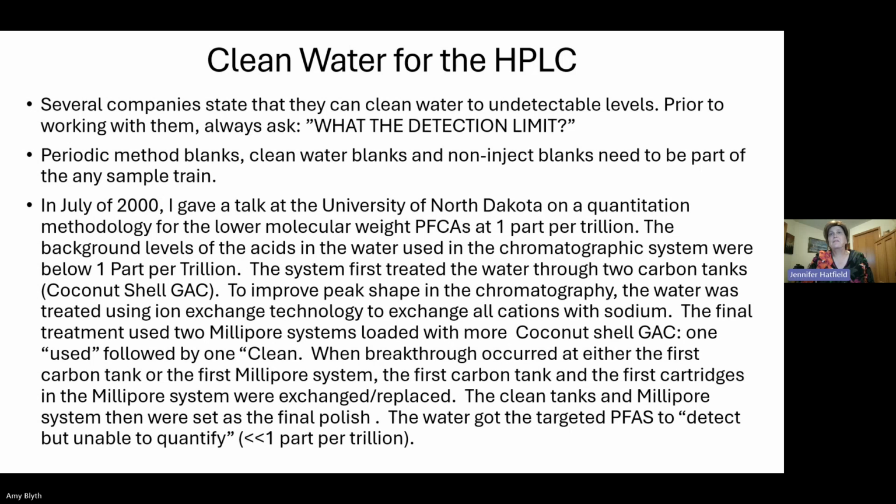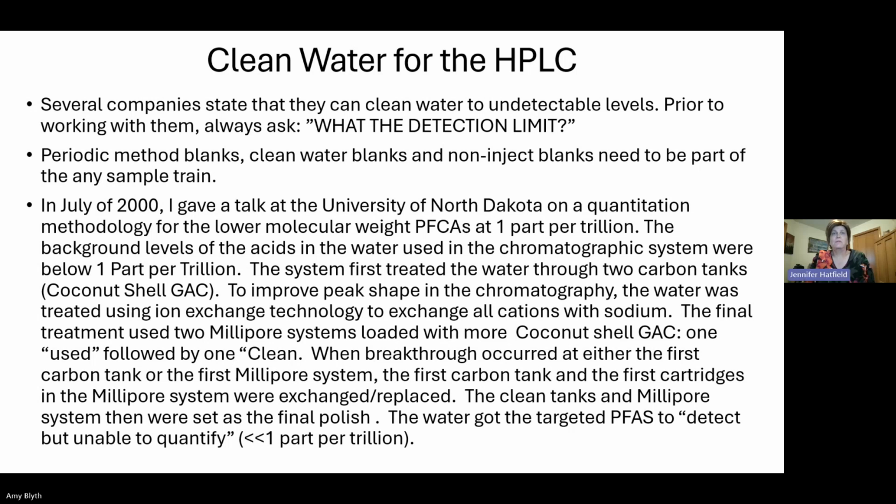So in July of 2000, I gave a talk at the University of North Dakota, at my technical director's asking, on the quantitation methodology of the lower molecular weight perfluorinated acids at 1 part per trillion. And we ended up, we could go further than that. This was kind of similar to the background levels in the water that was used.